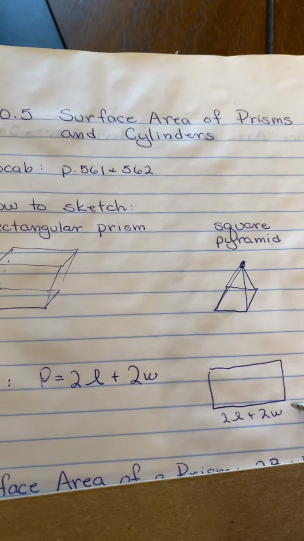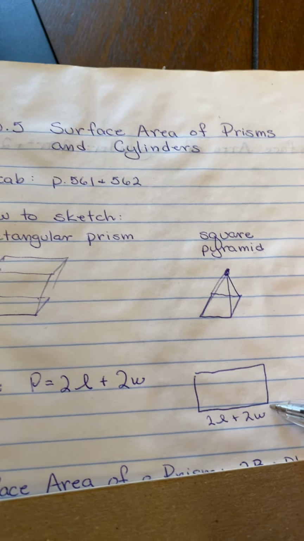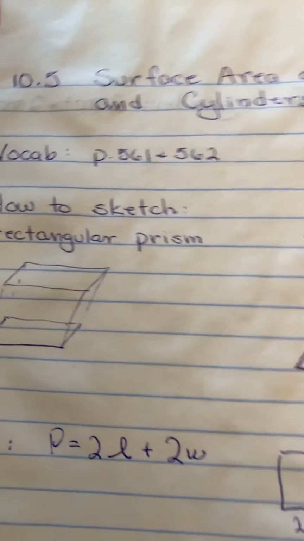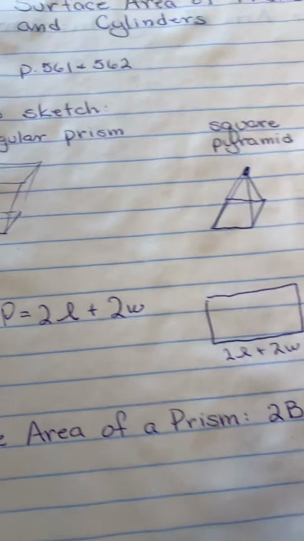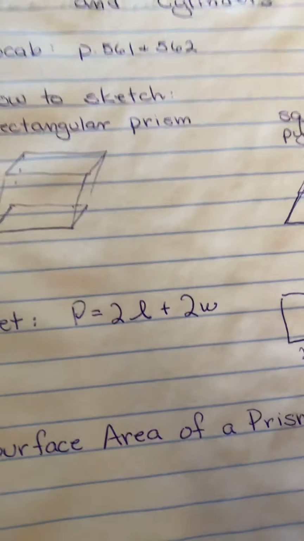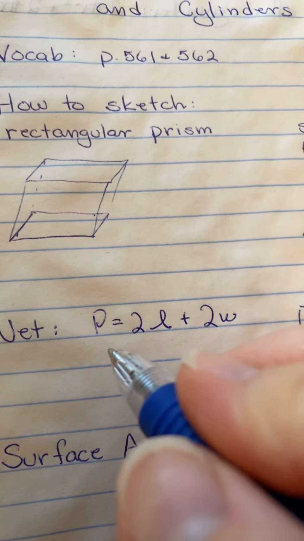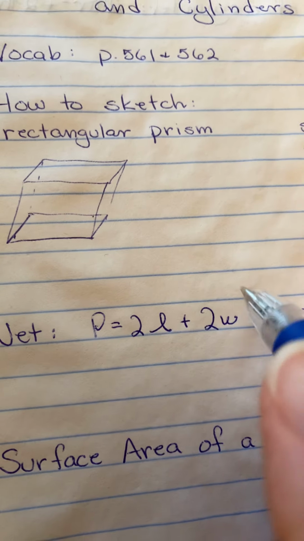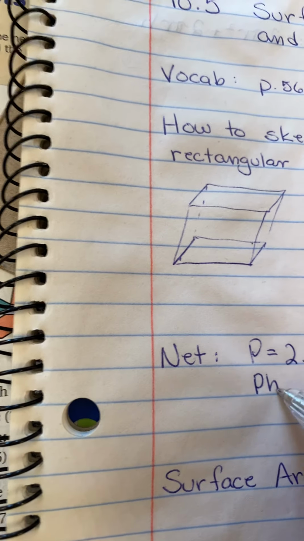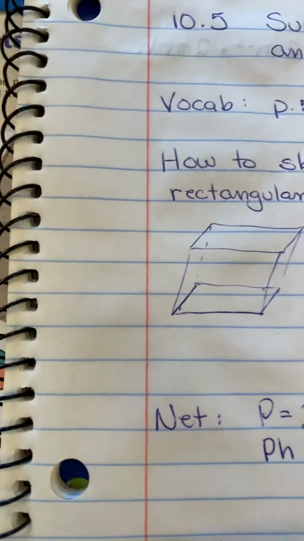Now to find the area of this, I have the bottom of my rectangle times the height. And what was the height? Just h. So if I take this and multiply by h, I would have the area of my lateral sides. So this times h, or ph, would be my lateral sides.